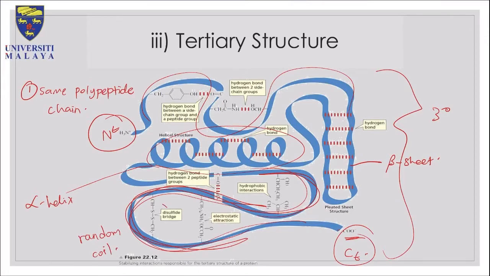And this random coil is held by weaker forces such as hydrogen bonds or electrostatic interaction, so it is not really fixed. Like alpha helix and beta sheet, the bonds are very strong, but for random coil, due to just electrostatic interaction, they might not be as strong as alpha helix or beta sheet.